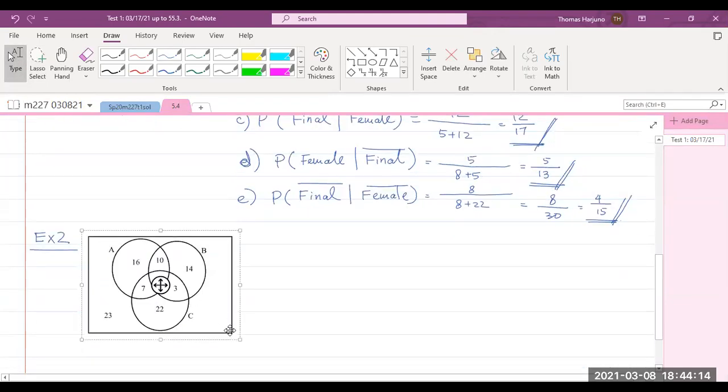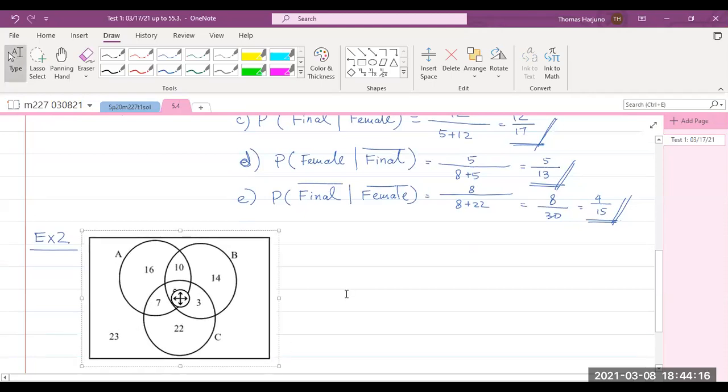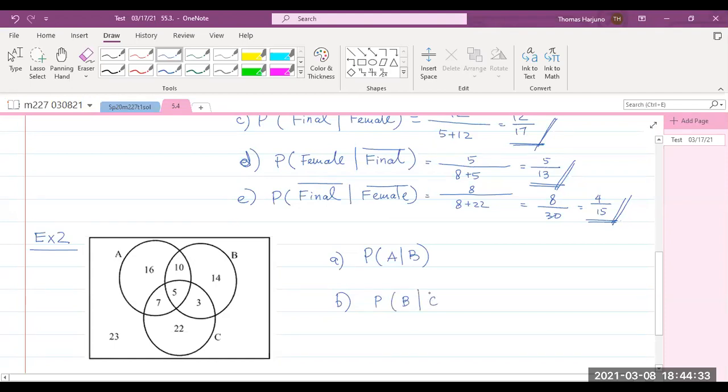Suppose we have that Venn diagram. Now let's see part A. Select one element at random. Find the probability of selecting A given B. Part B, find the probability of getting B given not C. Part C, probability of not C given not A. Can you try to do this? 3 minutes.